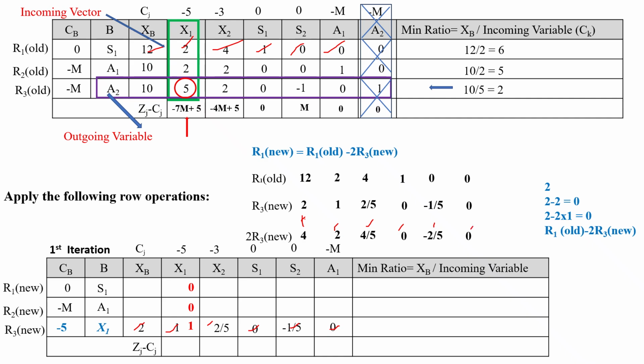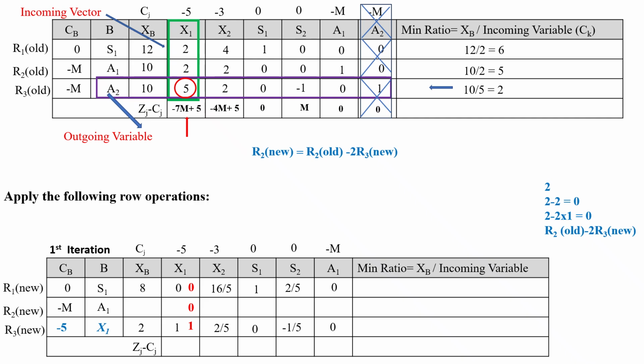So next we have to do the operation R1 old minus 2 R3 new, that is 12 minus 4 which is equal to the 8. 2 minus 2, 0. 4 minus 4 by 5 which is the 16 by 5. 1 minus 0, 1. 0 minus of minus 2 by 5 which is the 2 by 5. 0 minus 0, 0. So enter all these values in the R1 new row.